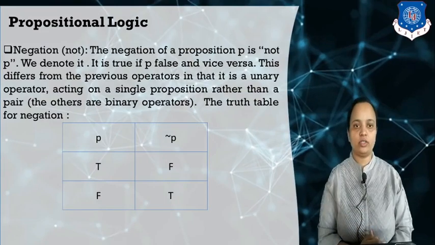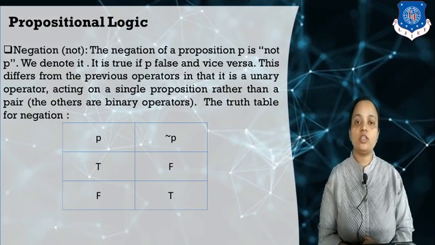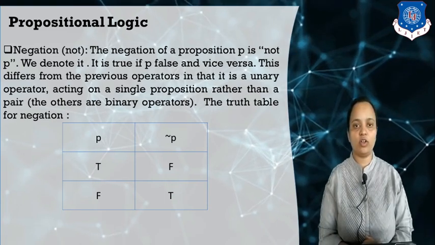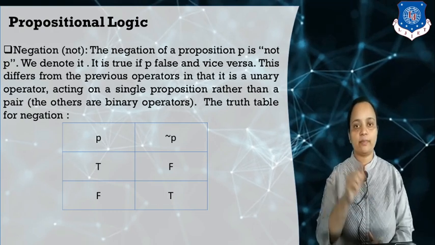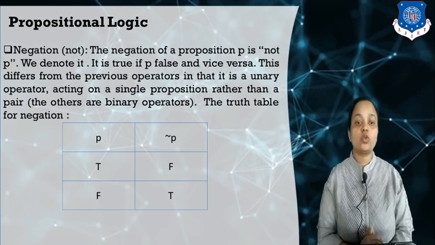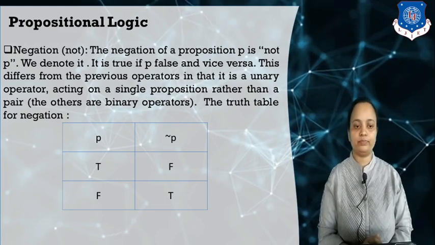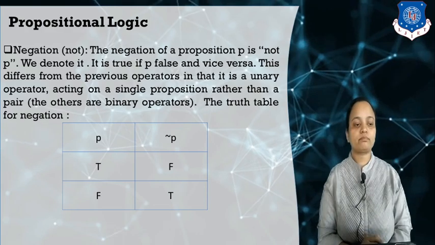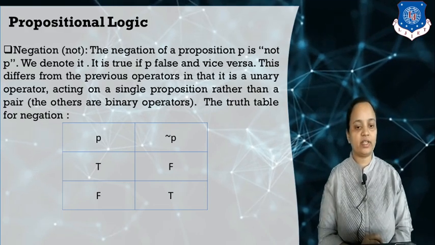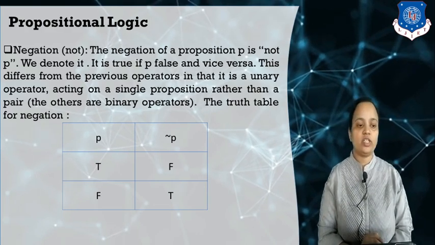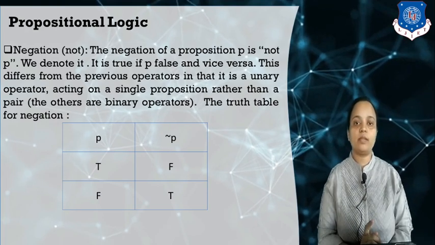Next is negation, which is called the NOT operator. The negation of a proposition is called NOT P, and we denote it with the tilde symbol, tilde P. It is true if P is false, and false if P is true, so it is a complement. It differs from the previous operators in that it is a unary operator, acting on a single proposition.